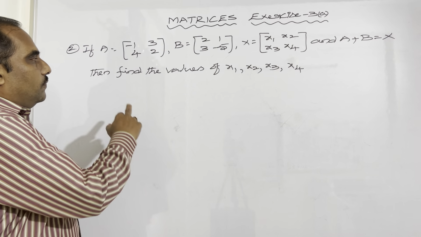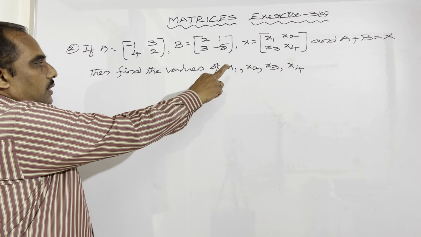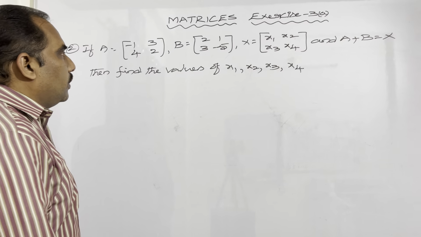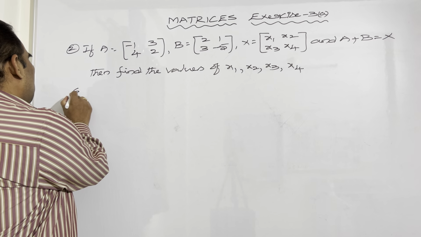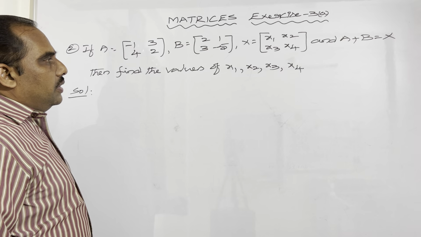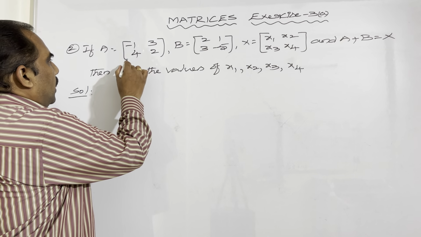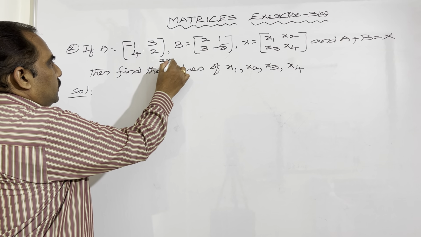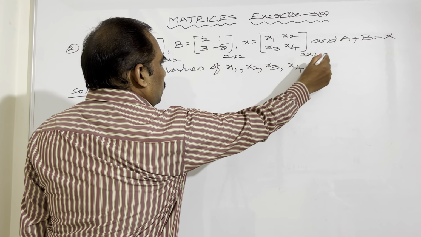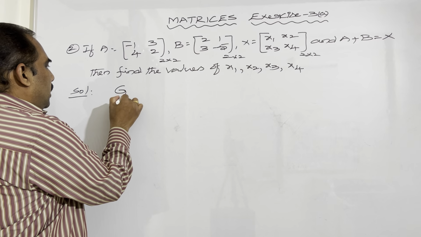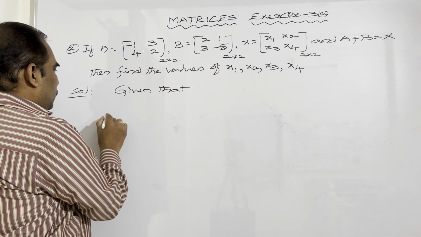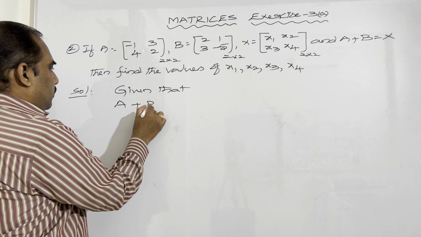Now we have to find the values of x1, x2, x3, x4, and the condition given is A plus B is equal to X. Here in the given problem, we have A, B and X matrices, and all the matrices are of order 2 by 2, that is 2 rows and 2 columns. Given that A plus B is equal to X.